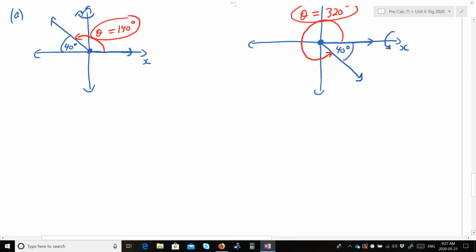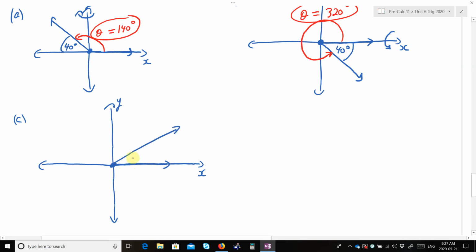And finally, part C is saying what happens when we reflect this in the y-axis and then in the x-axis. Okay, so what would happen with that? Here's y, here's x. So we start off with a 40-degree angle, which would be here.